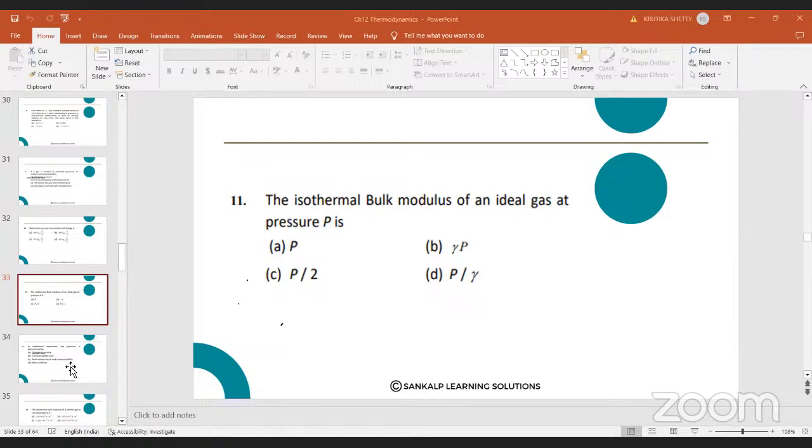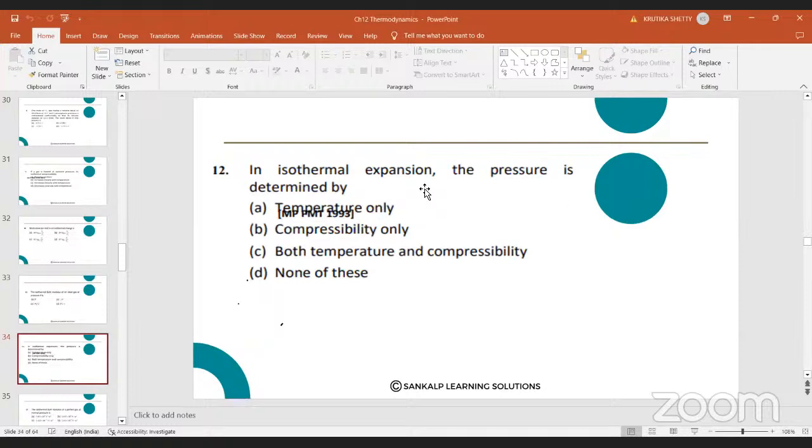In isothermal expansion, the pressure is determined by temperature only, compressibility only, both temperature and compressibility, or none of these. Only temperature. Compressibility will not come. Option C, ma'am.